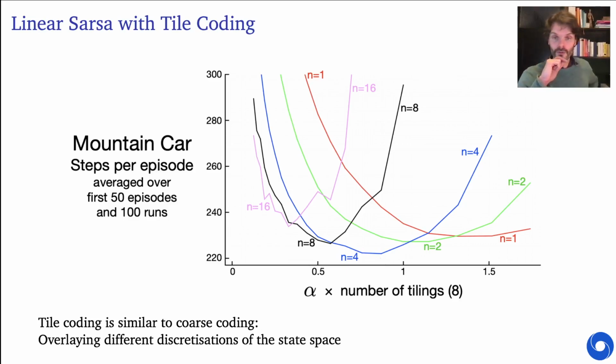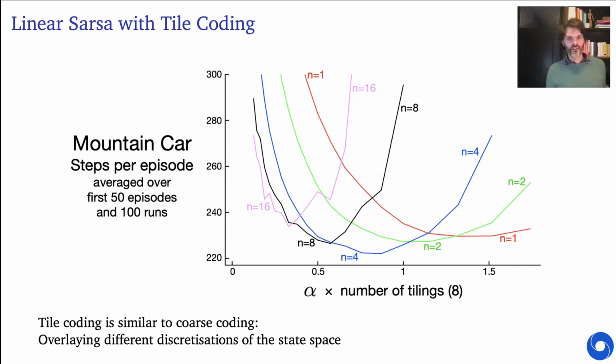We saw this before for pure prediction. It turns out to also work for control, that these intermediate values tend to work well, especially if you're interested in a limited amount of data. Note that the x-axis is actually our step size times the number of tilings, in this case 8. This is a common thing, because what we often do if we do something like tile coding, note that all of your features are binary, right?